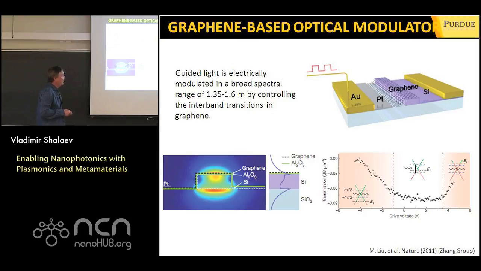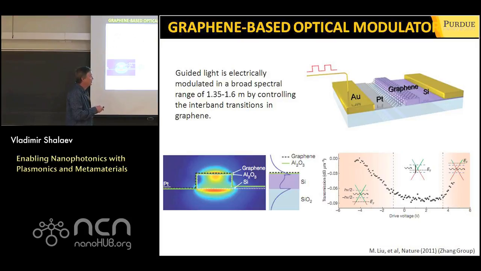Because in graphene, you could easily move the Fermi level by simply applying voltage, by biasing it. And because of the band structure of graphene, this conic-like structure which has the famous Dirac point, the interband transition can occur only when the photon energy is larger than 2 times the Fermi energy. Which means if you have a situation like this, where the photon energy is smaller than 2 times the Fermi energy, you would not have interband transition in graphene.